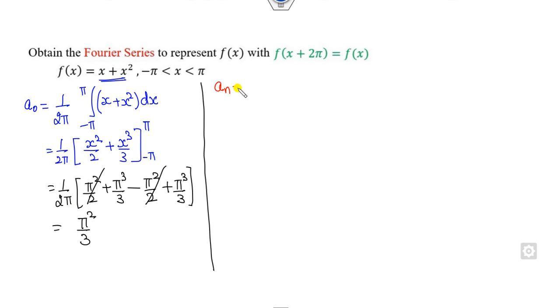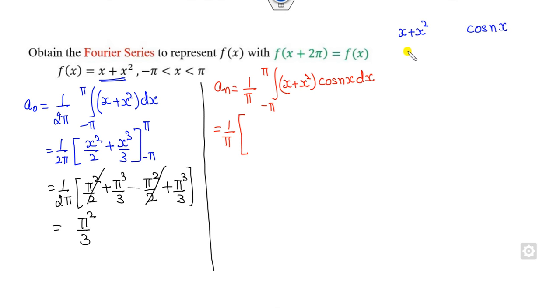Now find the an. 1 over pi, integral from minus pi to pi of x plus x square times cos nx. Fine. So how can you integrate them? Again, you can see this is a polynomial. I can write the function x plus x square here, and this is cos nx.